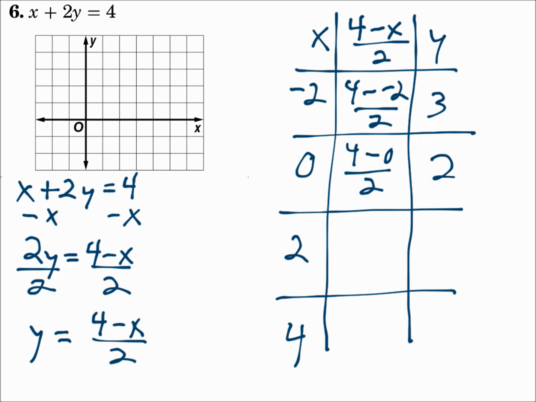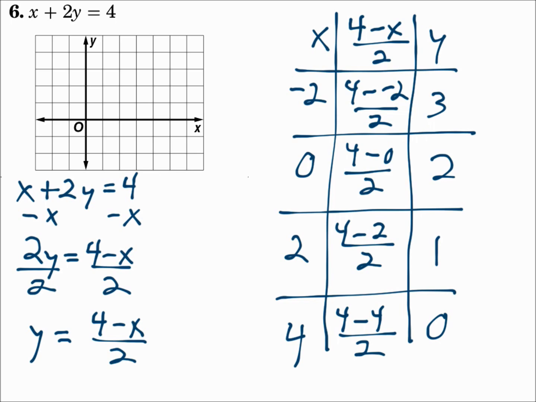When x is 2, 4 minus 2 all over 2. 4 minus 2 is 2, divided by 2 is 1. And when x is 4, it's 4 minus 4, divided by 2. 4 minus 4 is 0. 0 divided by 2 is 0.